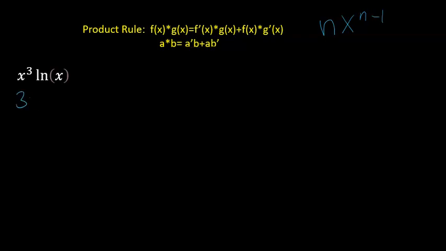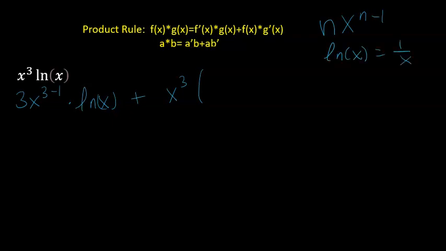Okay, so we're going to do 3x to the 3 minus 1, ln x stays as it is, plus, I'm going to keep x to the third power as it is, and I'm going to transfer ln x into my derivative that I need to have. So what is the derivative of ln x? What could it possibly be? So ln x is 1 over x. That's its derivative. Okay, so we're going to do 1 over x.